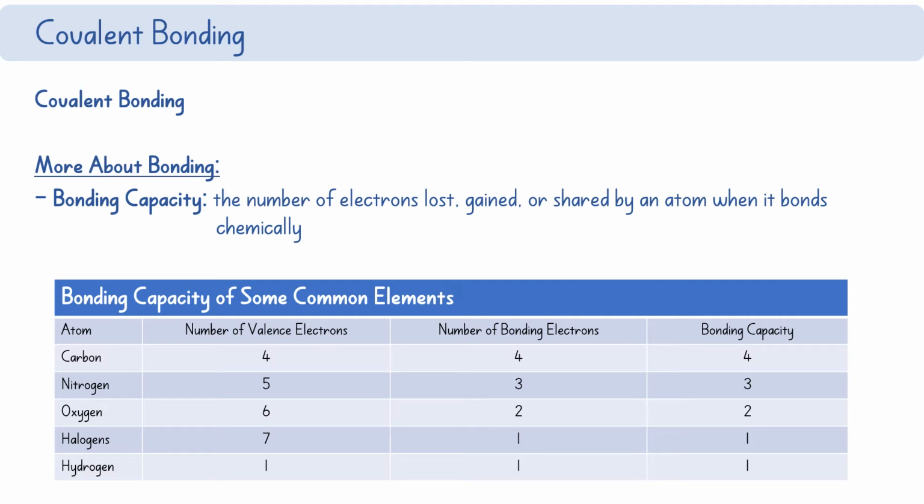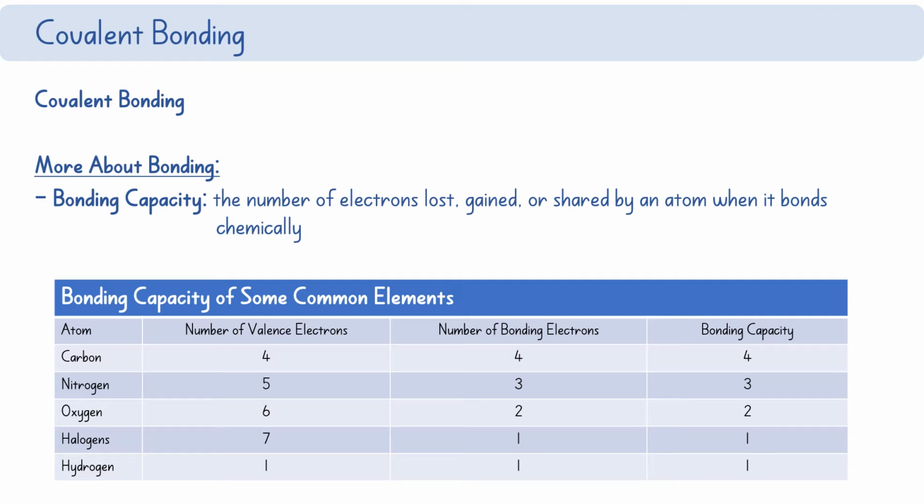If we take a look at carbon, on your periodic table you will see that the number of valence electrons is 4. So that means the number of bonding electrons, how many more to get to 8, would be 4. So its bonding capacity is 4.